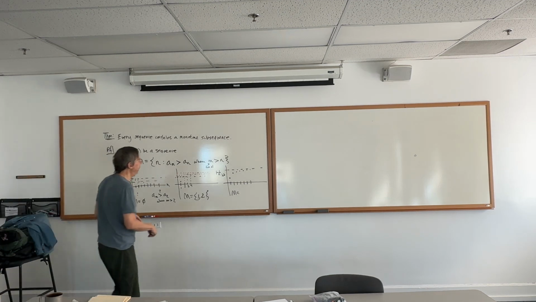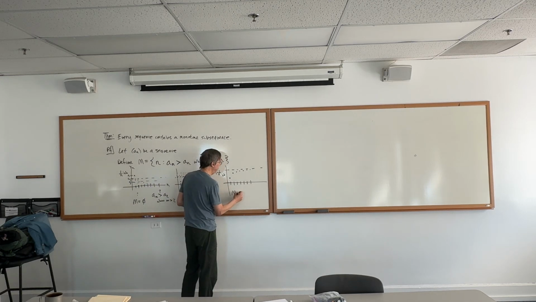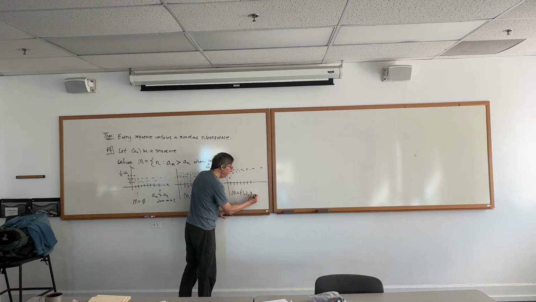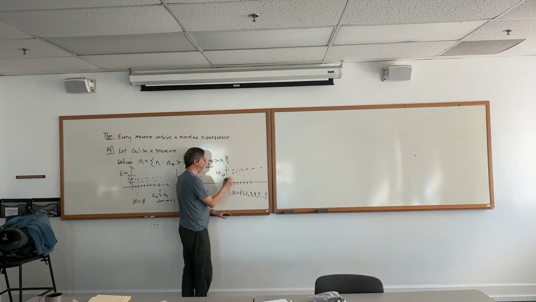Camila, what do you think M is here? Do you make it infinity? It's all of them. Every single thing is in here. So it's the whole natural numbers, because here's a sub 1, and that's in there because everything to the right is bigger than a sub 1.